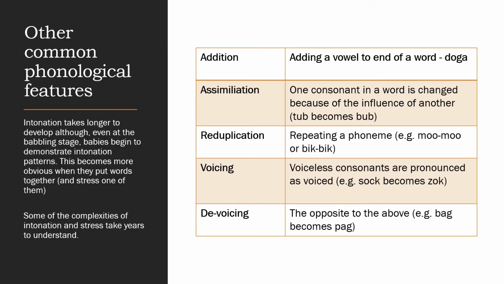Other common phonological features are things like addition, where a vowel phoneme, or another phoneme will be added to the end of a word rather than the deletion that we've previously seen. So in this example we have the schwa sound added to the end of dog, so we get dogger instead of dog.